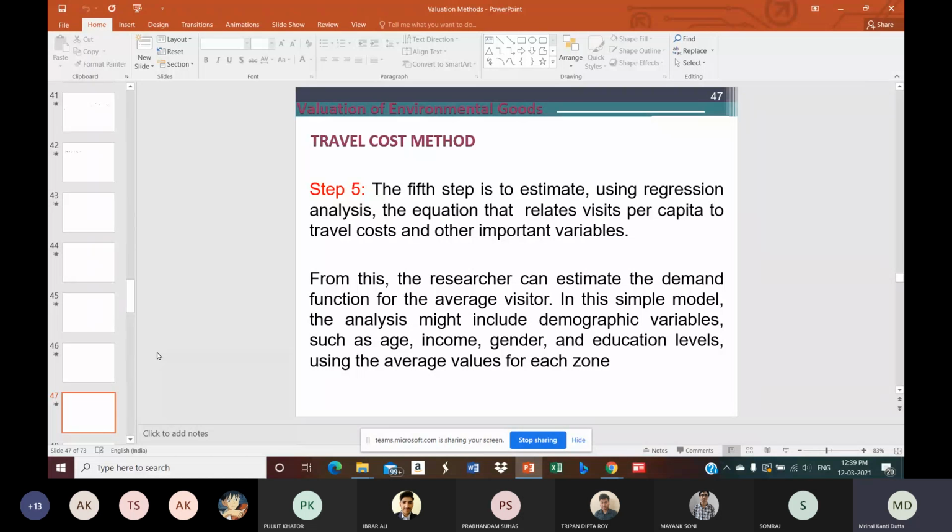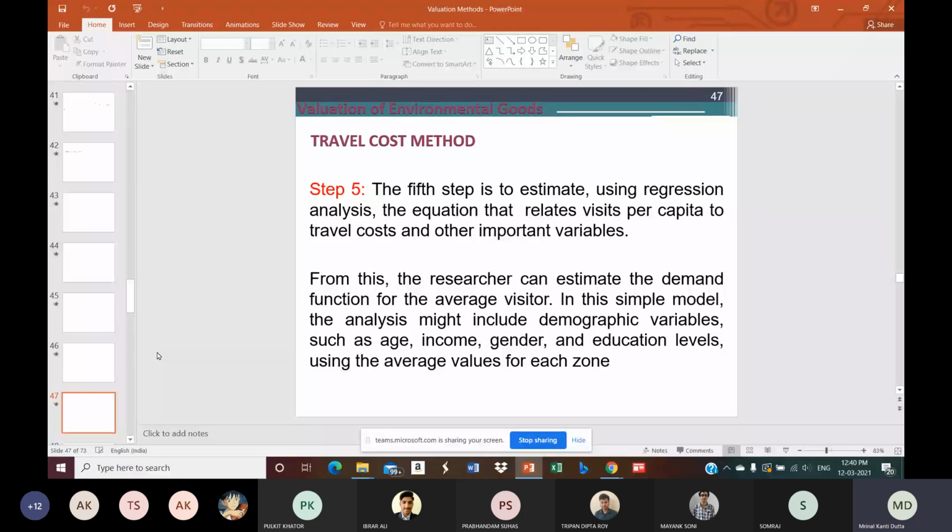Those things will be taken into account. Because the visitation rate will be there, that shows a kind of demand for the site. So that will help us in estimating the demand function for an average visitor per head or per unit. What will be the quantity demanded at different prices can be estimated from that.